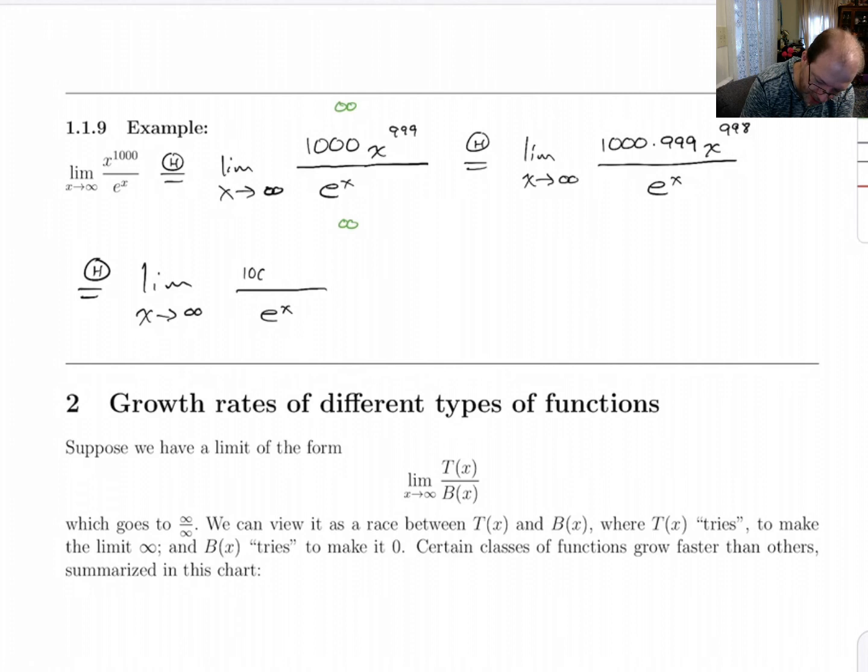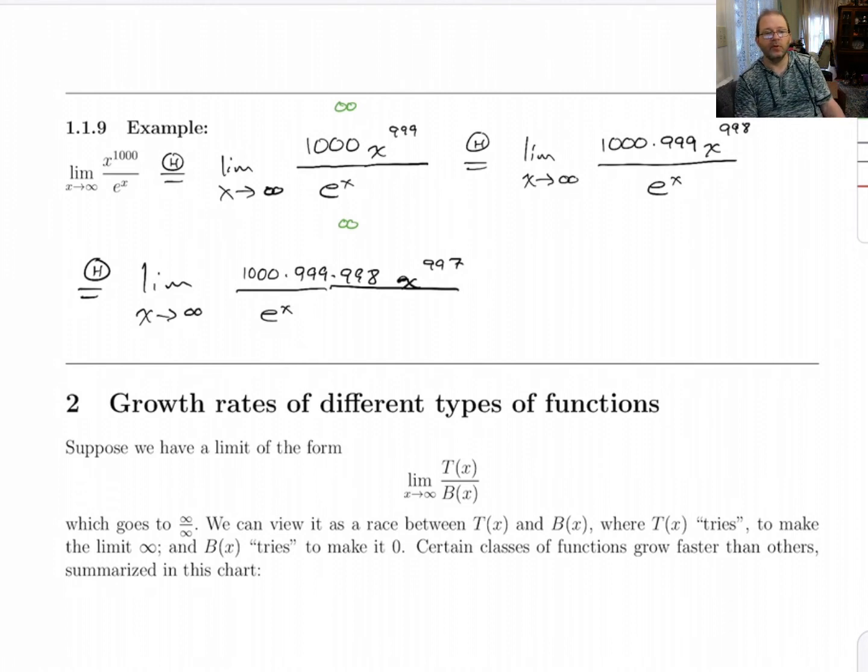The top now is 1000 times 999 times 998 times x to the 997. So really, what we'd have to do is use L'Hopital's rule like 1,000 times here in order to get this down into something that's no longer an infinity over infinity type. So let's just look at what's going on.